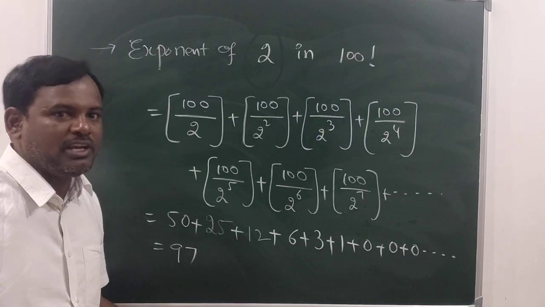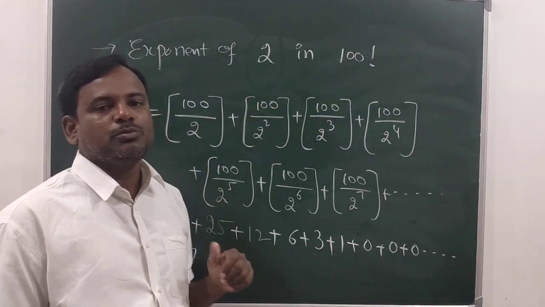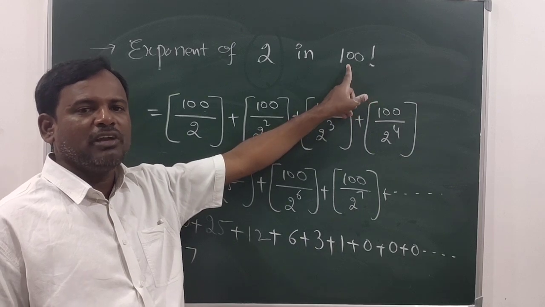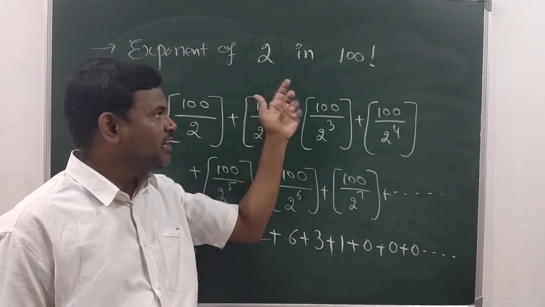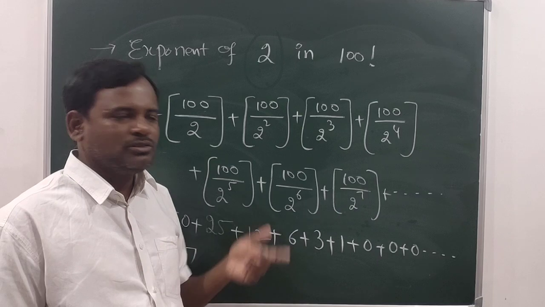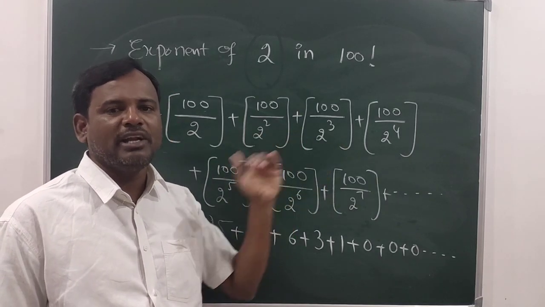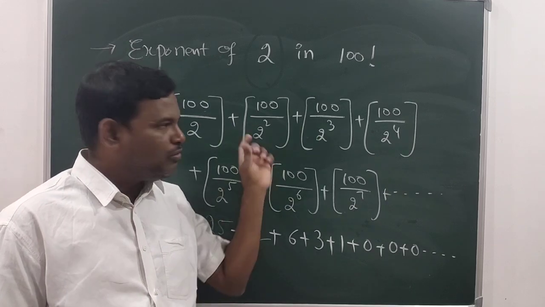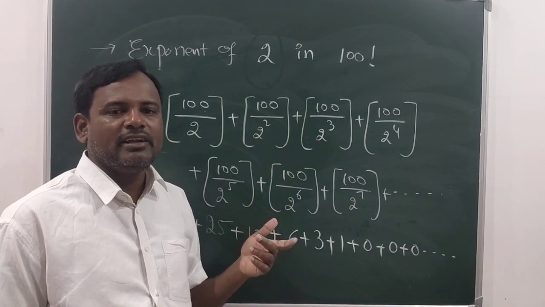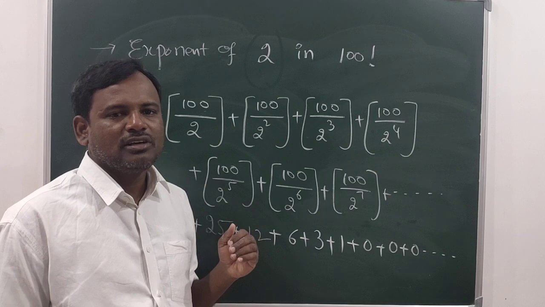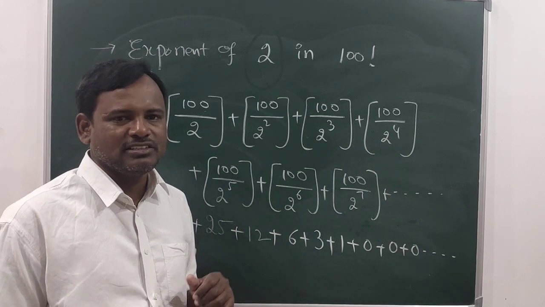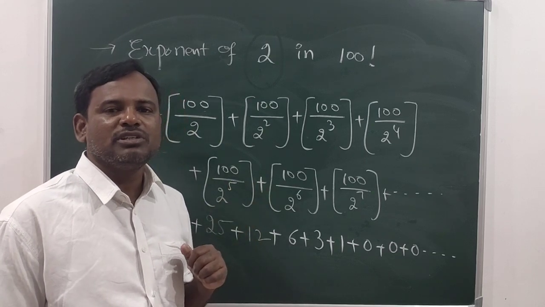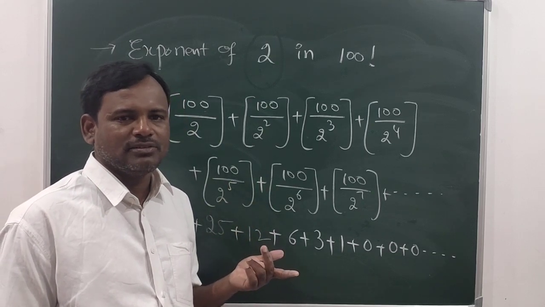What is the fundamental meaning of exponent of 2 in 100 factorial? Generally we would have to multiply 1 to 100, which is very difficult: 100 into 99 into 98 down to 3, 2, 1. You would have to write all those numbers in power notation, in prime factorization. You know how to express a composite number in prime factorization.